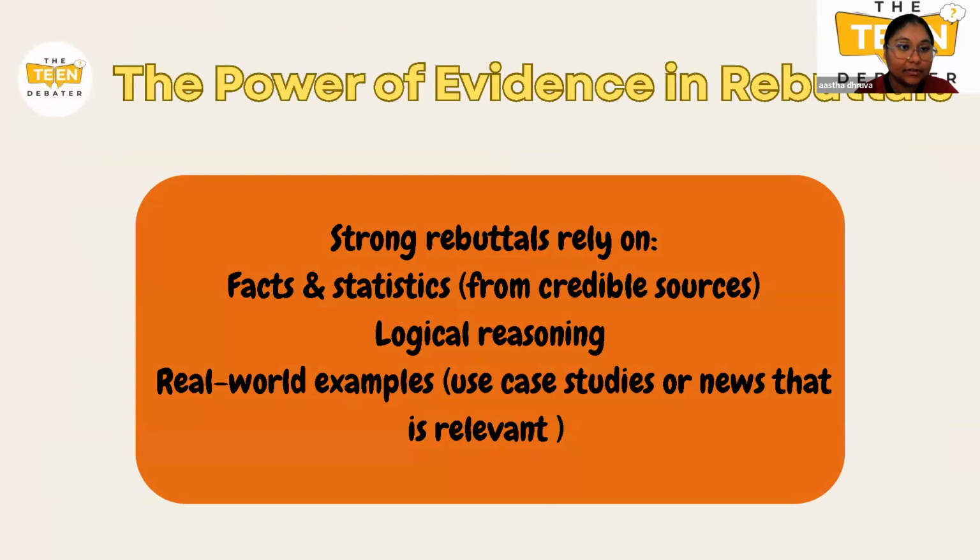So even in a rebuttal, you have to be skilled in providing relevant evidence to your argument. Strong rebuttals rely on facts and statistics from credible sources. Some credible sources are Google Scholar, Statista, government websites which probably have more reliable evidence than others, or UN reports, which you can read as well.